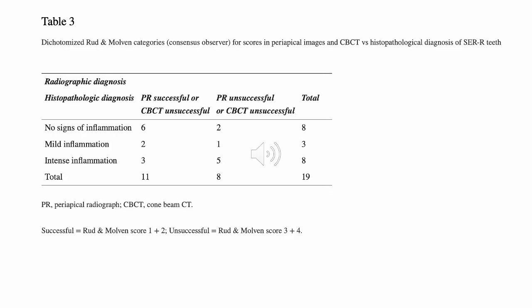So 20 patients underwent the reoperation, and Table 3 shows us the relation between radiographic and histopathological classification, which resulted in 8 teeth with no inflammation, which was 42%, 3 teeth with mild inflammation, which was 16%, and 8 teeth with intense inflammation, which was 42%.